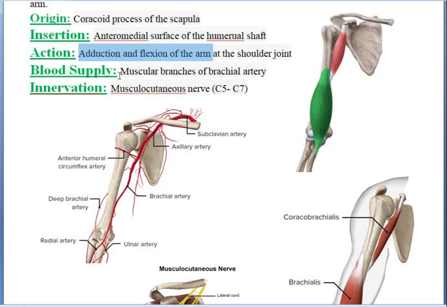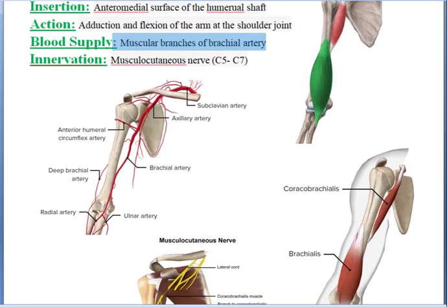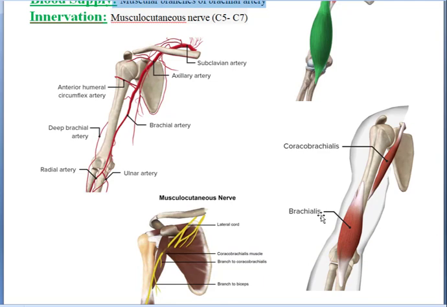What is its blood supply? It is supplied by the muscular branches of the brachial artery. So here is your brachial artery, it gives muscular branches, so they supply the coracobrachialis muscle. And what is its innervation? It is innervated by the musculocutaneous nerve, which comes from the C5, C6 and C7 nerves.